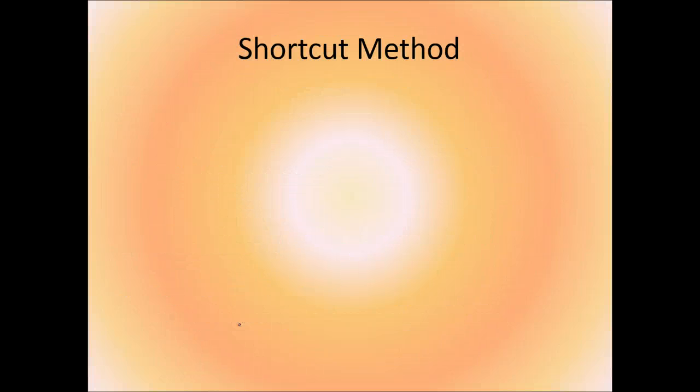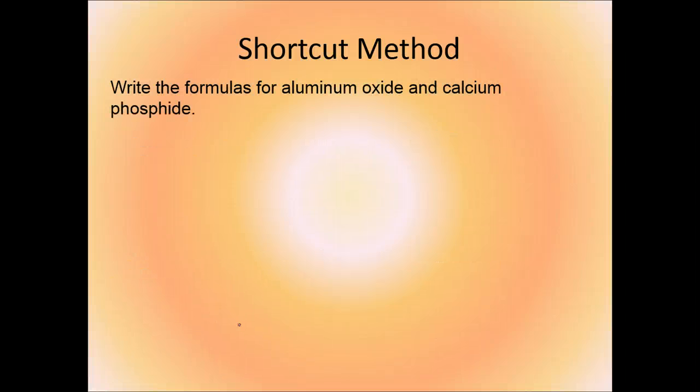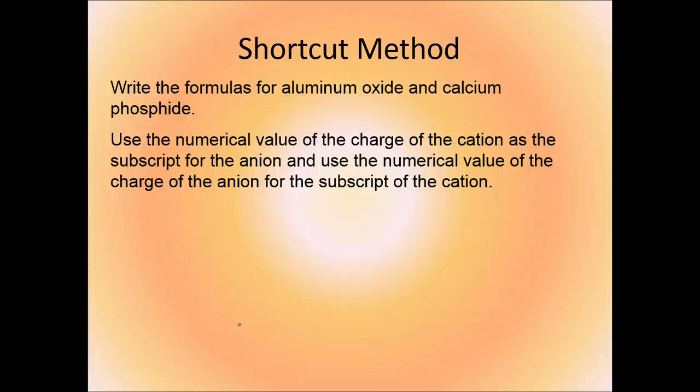A couple other things, there's a shortcut method just to help you out if you're having trouble spotting what the ratio should be. We actually saw this on our worksheet on the front side of Model A. If you look at the charge on the cation and the charge on the anion, that's not going to be the same as the subscript for that.